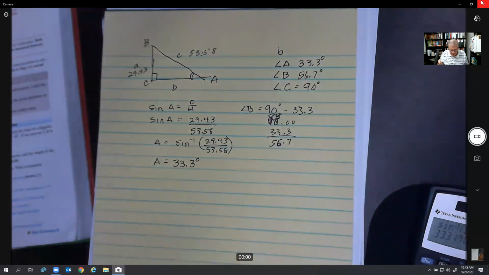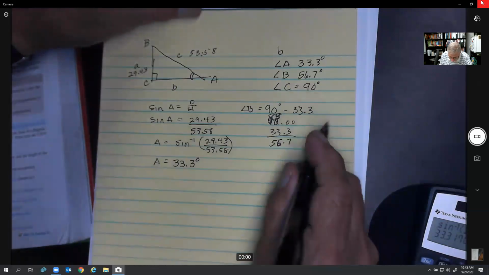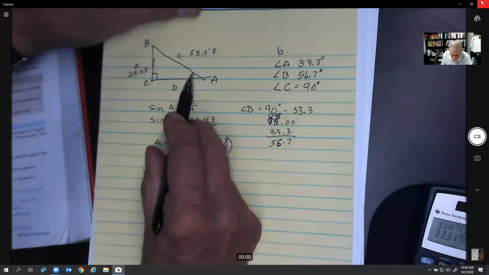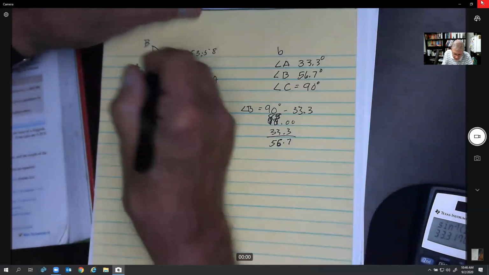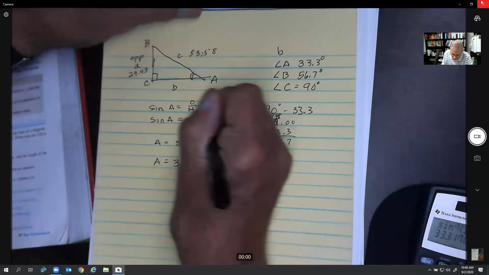Okay, finally, you want to find side B. You can do it a couple of different ways. We could use the Pythagorean theorem. I think that's what they used. I'm not going to use the Pythagorean theorem. I'm just going to use the sides we have here. We have the opposite, and we have the adjacent.